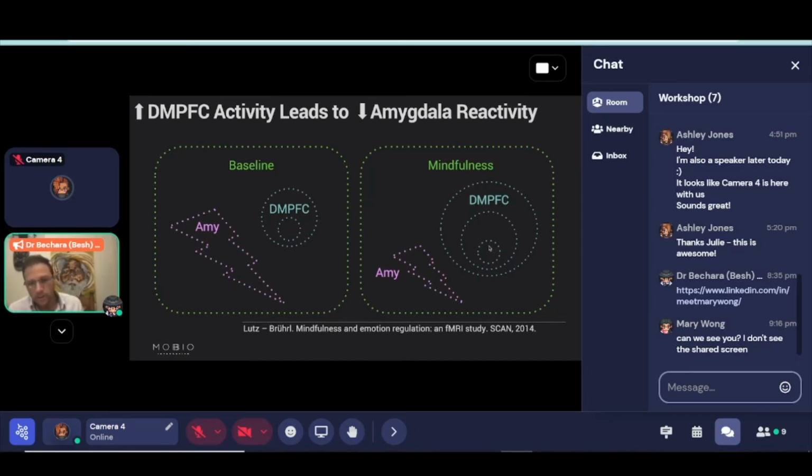Two, being able to figure out the nuances and improve on it. And three, being able to decipher once and for all what is actually beneficial and what isn't. And that's really important.